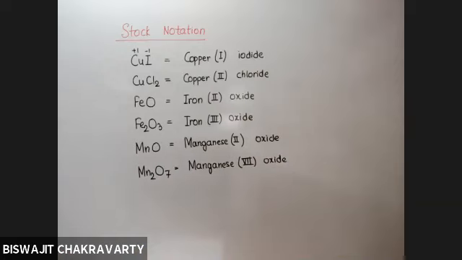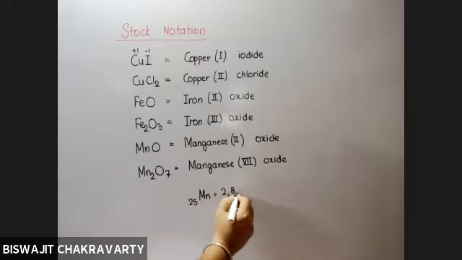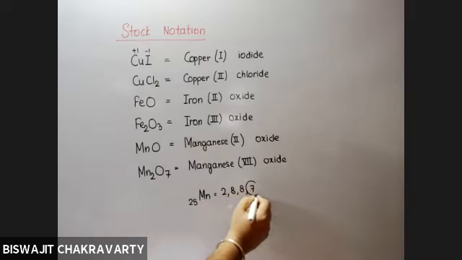So if it strikes in your mind that 7 is too large a value, is it possible for manganese to show 7? Let us see. Manganese has atomic number 25, electronic configuration 2, 8, 8, 7. So is it possible to show +7? Yes, sir. So it is allowed. Clear or not?